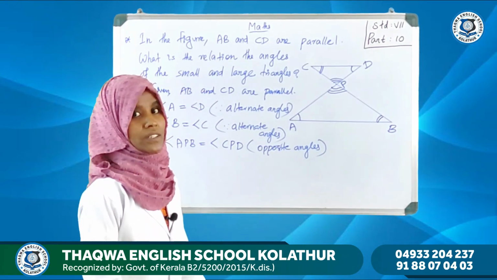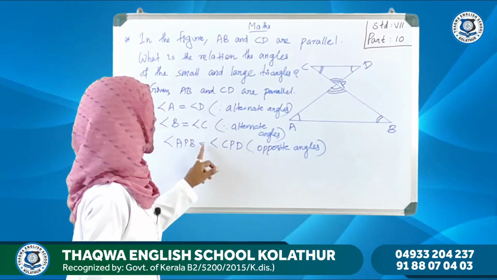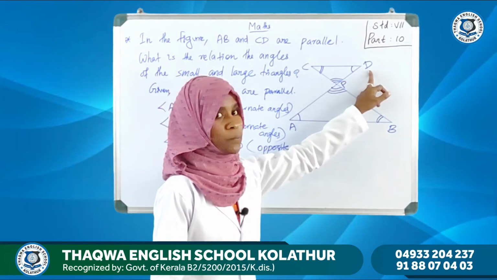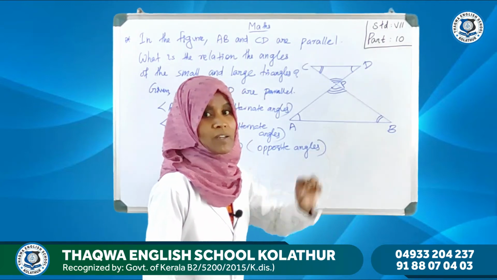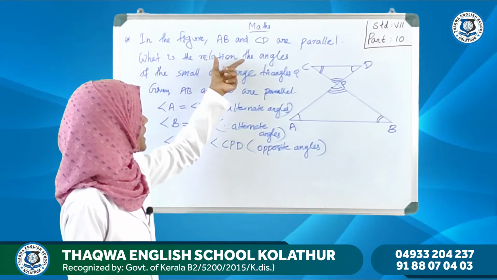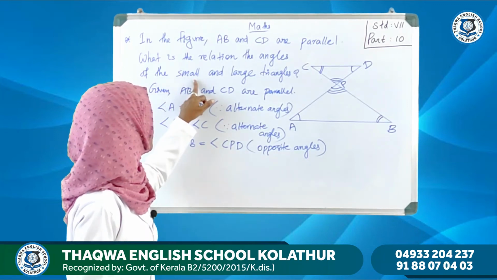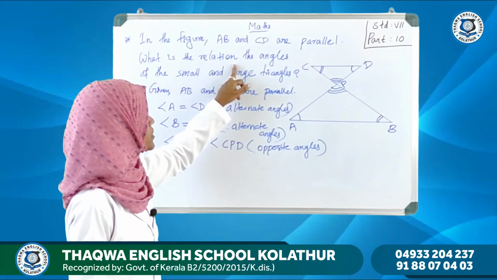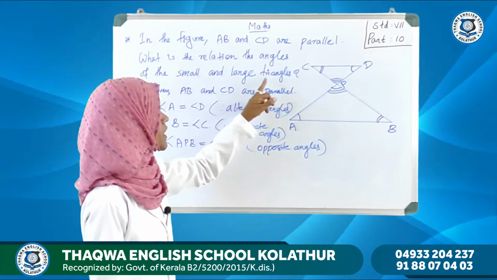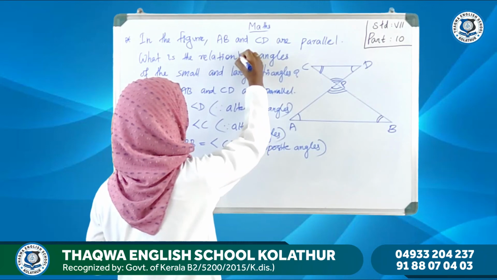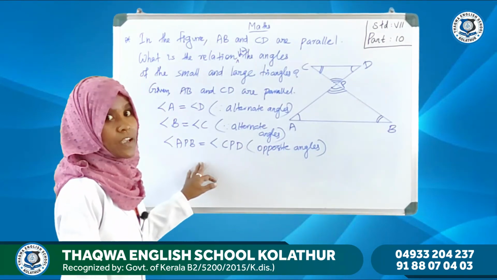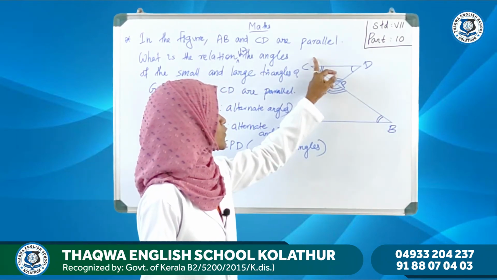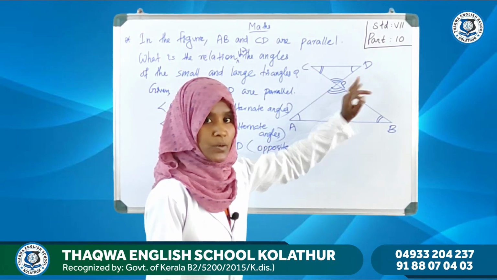So what we got? Okay, the three angles of triangle APB and triangle CPD are equal. What is our question? What is the relation between the angles of the small and large triangles? Okay, the angles of triangle APB and the angles of triangle CPD are equal.